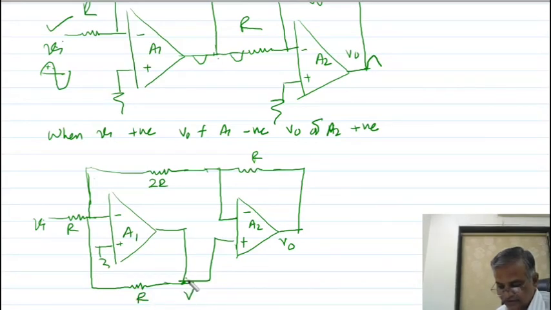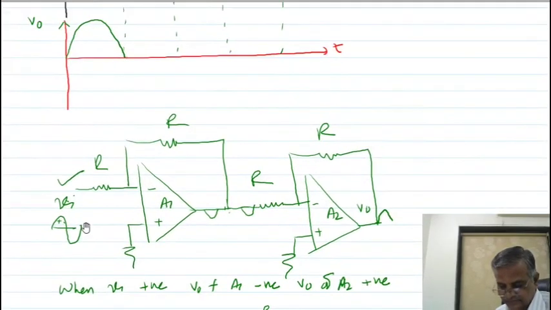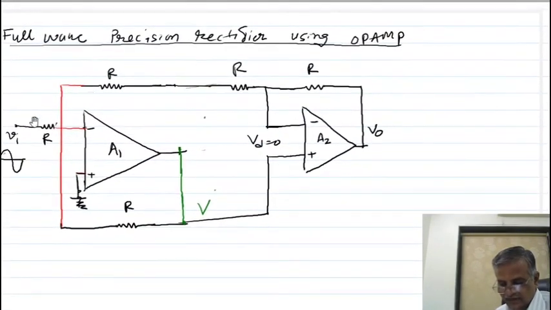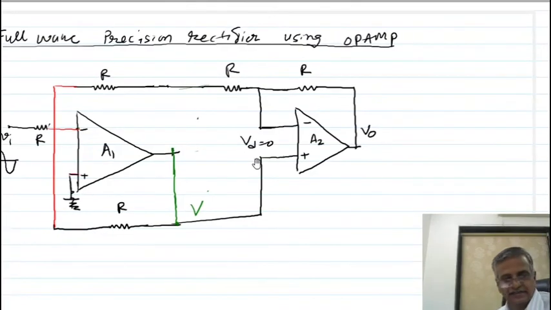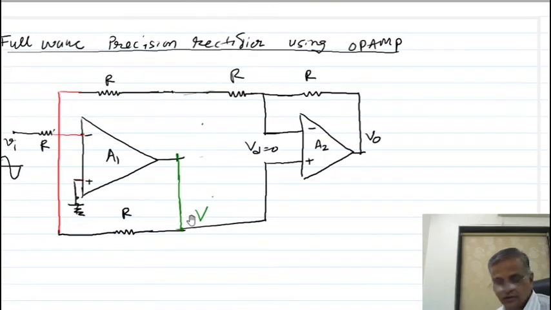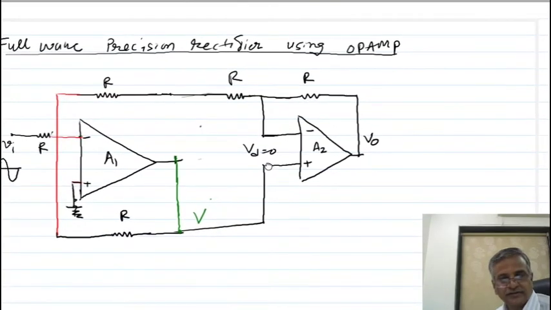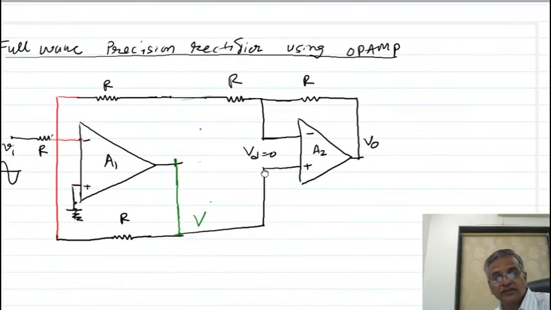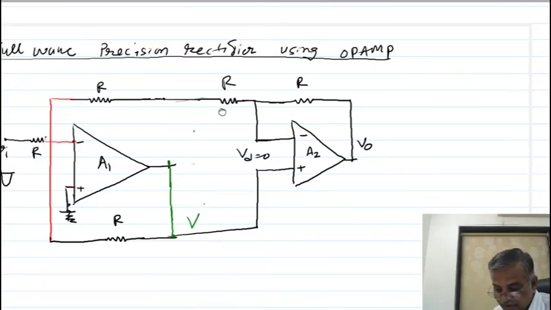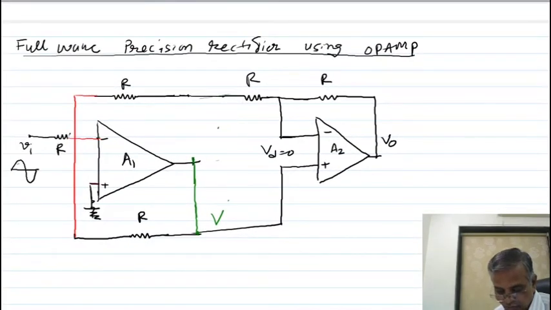The voltage we have written is as it is: Vi, R plus R, like this. So I want to calculate this voltage now. What is the voltage at this point? If I want to calculate this voltage, what will I do? I will show the direction of current. Current will flow like this, in this direction.